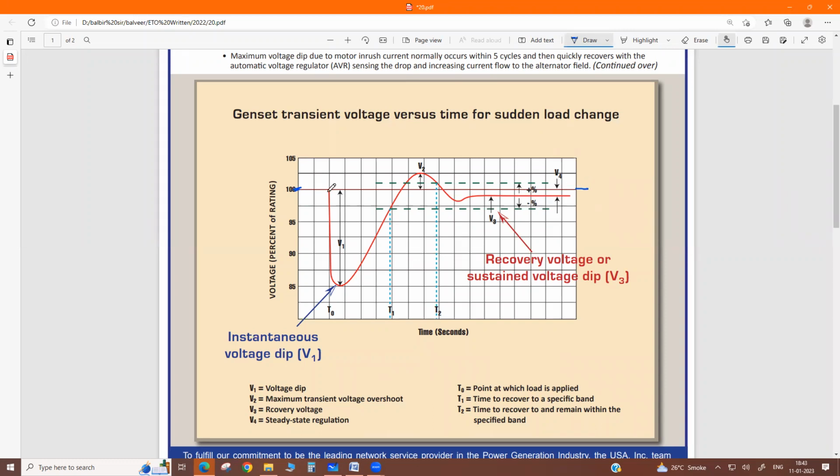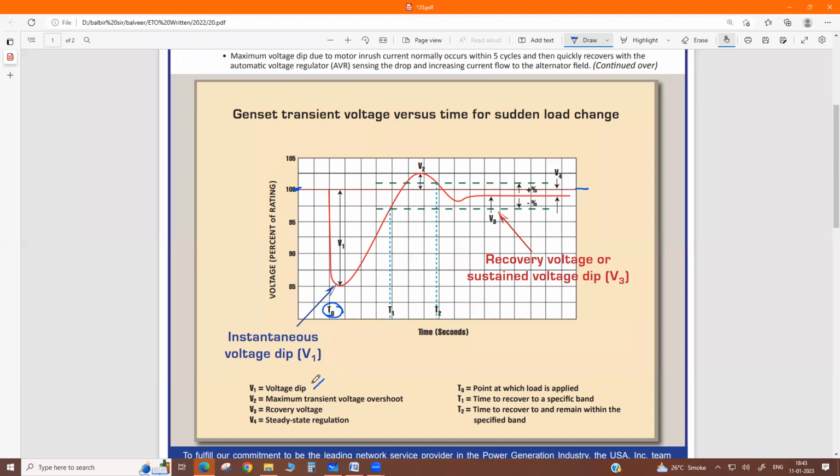But when we start, suppose at this time t equals 0, we start the large motor. Then due to large current, the terminal voltage of the alternator, the bus bar voltage, goes down. So V1 is the voltage dip with respect to your reference voltage.